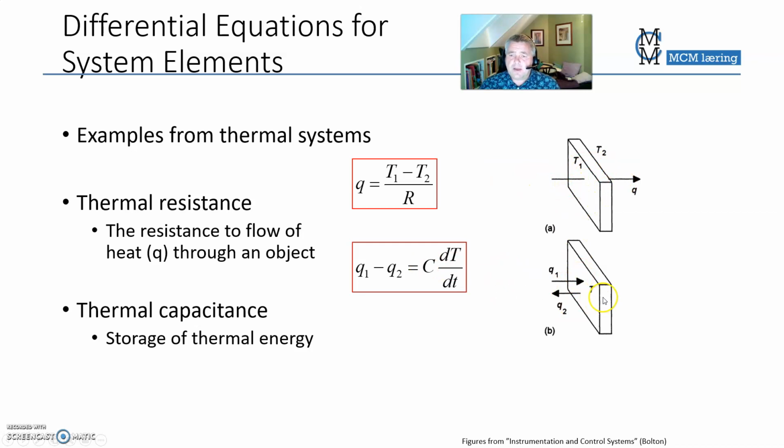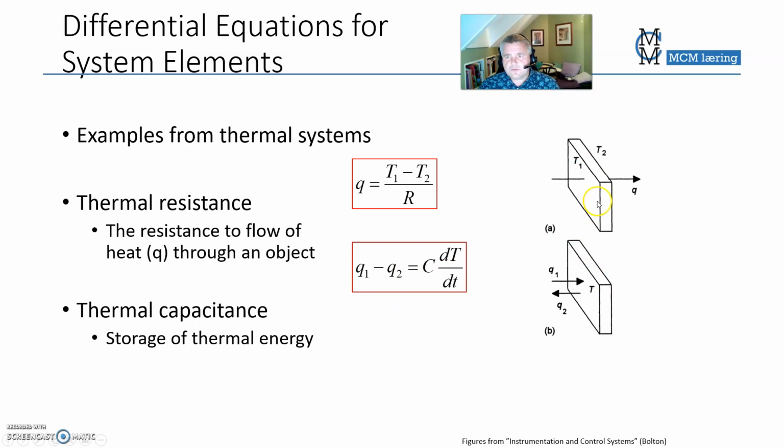And thermal capacitance is how much temperature is stored in an object. So if this was a piece of brick, if I added temperature, you could actually get that temperature back a few moments later, because it stores temperature. So it's thermal capacitance.